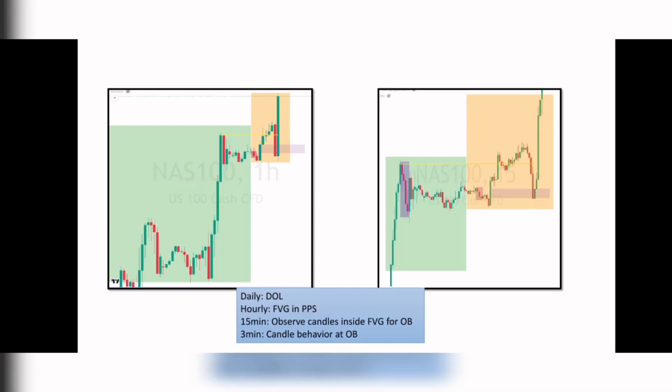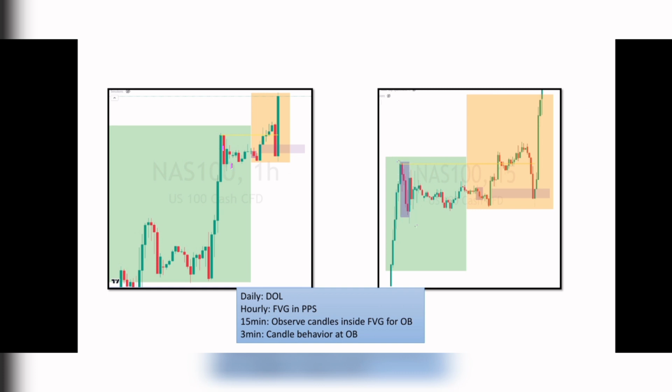At the hourly chart, we are looking for a prolonged price swing and a fair value gap that price trades into. At the hourly chart, you can see that green candle trading into that fair value gap, but it doesn't create our order block. As you can see at the 15-minute chart, the initial down closed candle didn't create an imbalance.